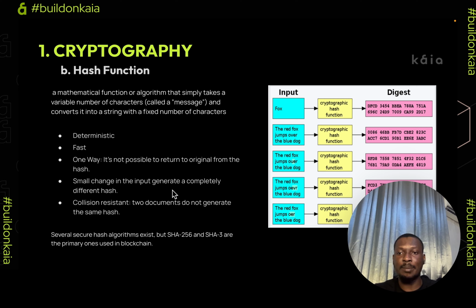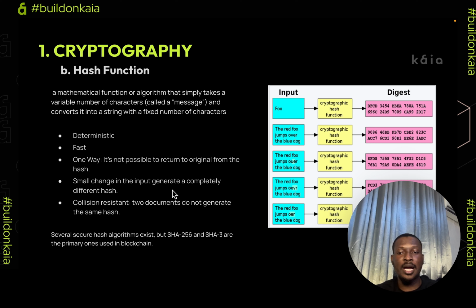This is what we mean by deterministic. It's also fast. It's one way. In the case where you put in an input, you're expecting an output, right? But you can't take back the output and generate the input. It's also collision resistant, and a small change in the input generates a completely different hash. Two documents do not generate the same hash, literally.